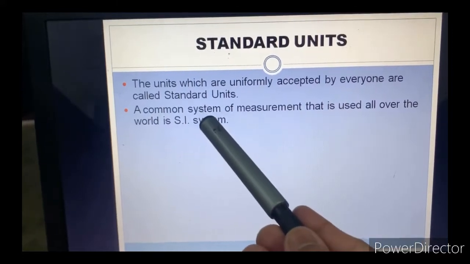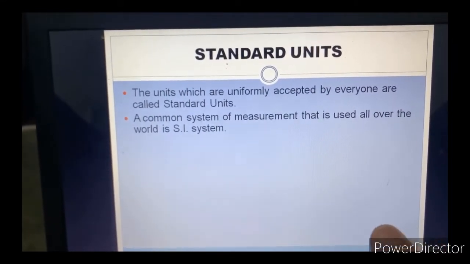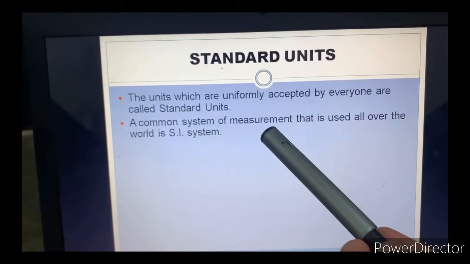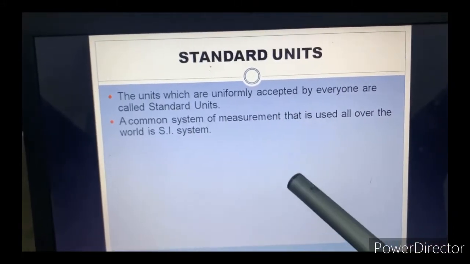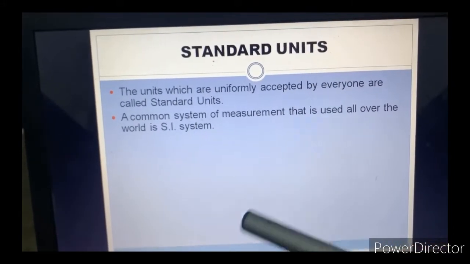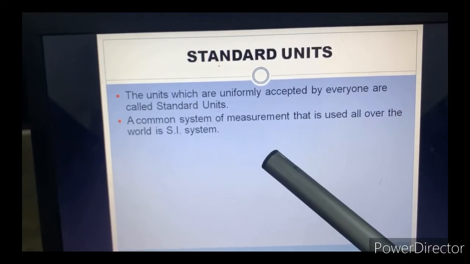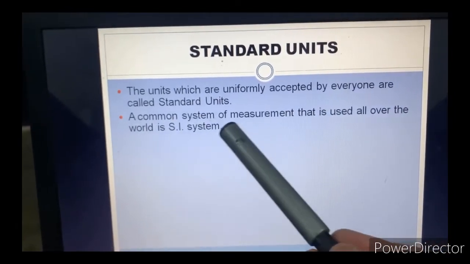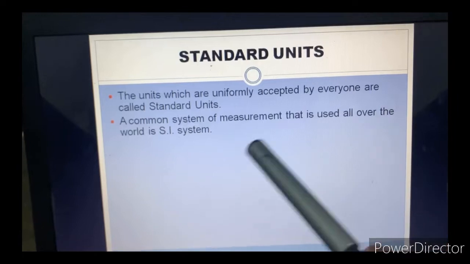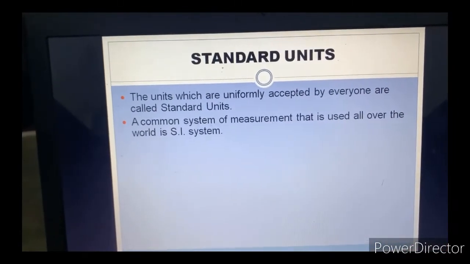What we are using right now, like we are using hours and seconds for measuring time, centimeter and meter for measuring length, kilogram and gram for measuring the mass. This is a common system of measurement that is used all over the world, and that is called SI system.